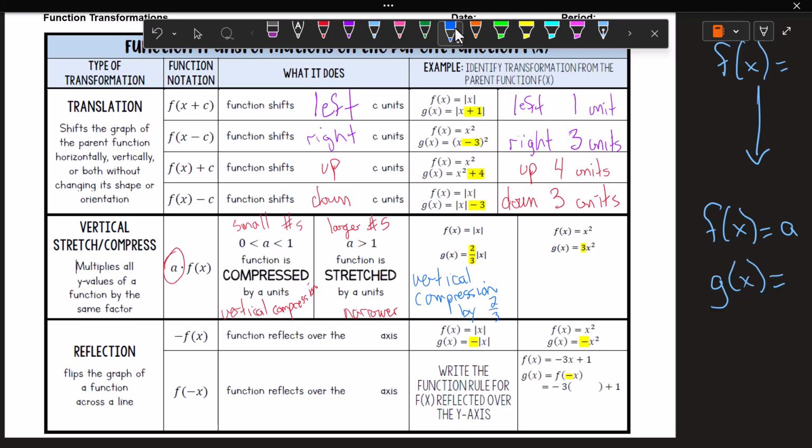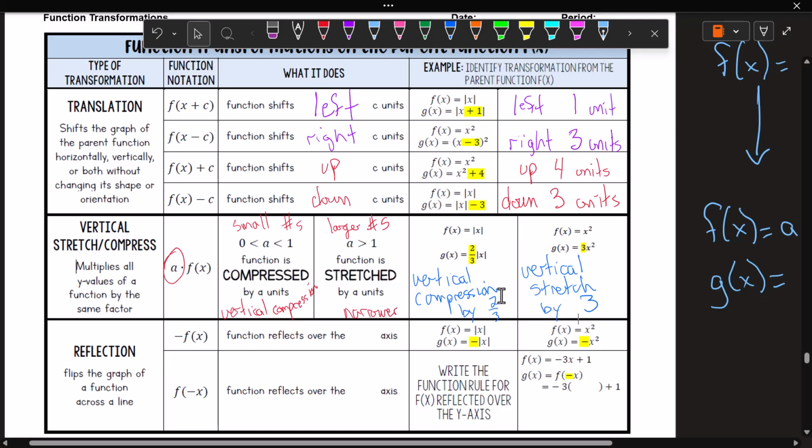Whereas f of x equals x squared and g of x equals 3 times x squared, well, that's a vertical stretch because the 3 is larger than 1, by a factor of 3. It's 3 times as narrow. This is 2/3 times the width.